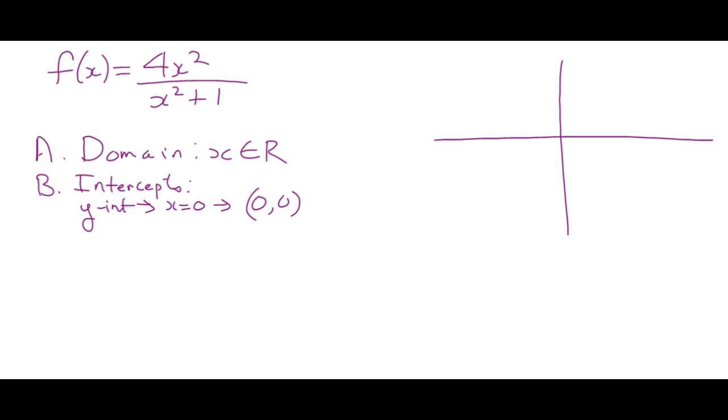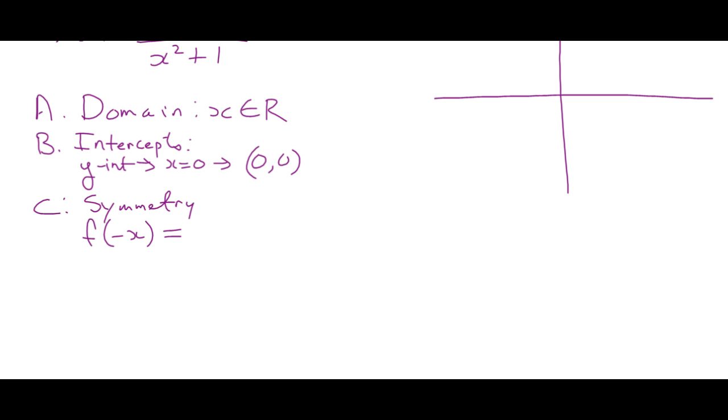Okay. Symmetry. What do we do for symmetry? We want to work out f of negative x. That's going to be 4 times negative x quantity squared over negative x quantity squared plus 1, which is 4x squared over x squared plus 1, which is the original function.